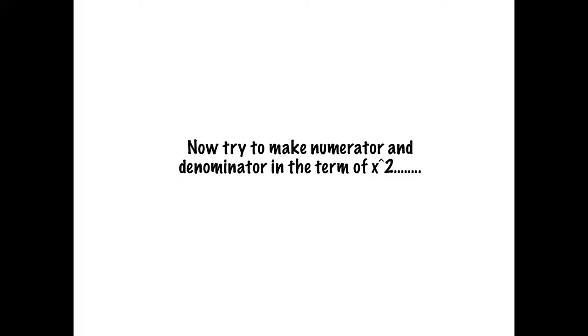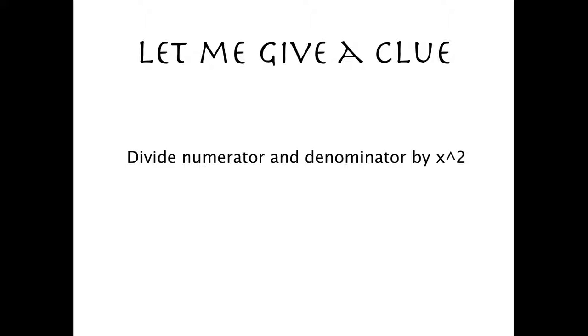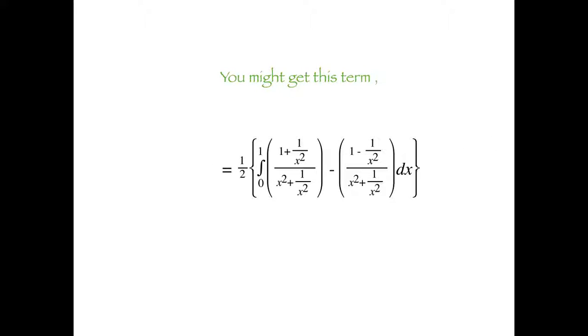Let me give you a clue: divide numerator and denominator by x squared. If you did it, you'll magically arrive at this form. This form just represents it in x squared, because every denominator and numerator is in x squared terms, so it'll be easier to form the integration in this kind of situation.